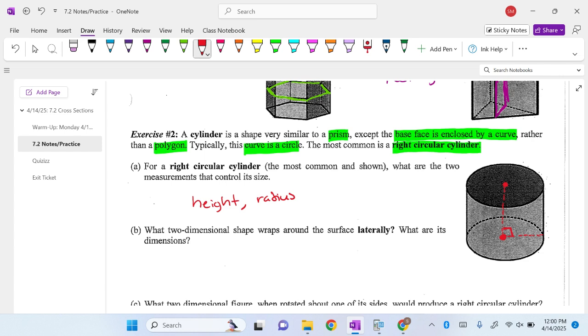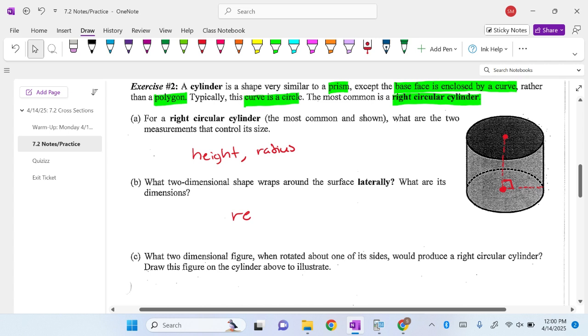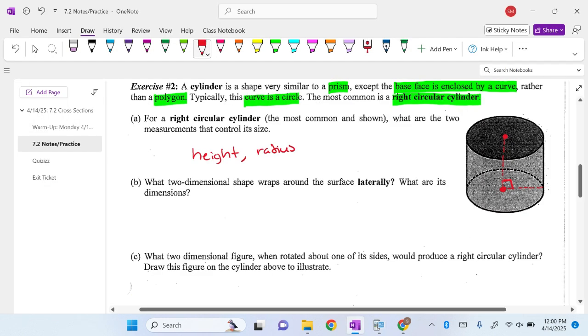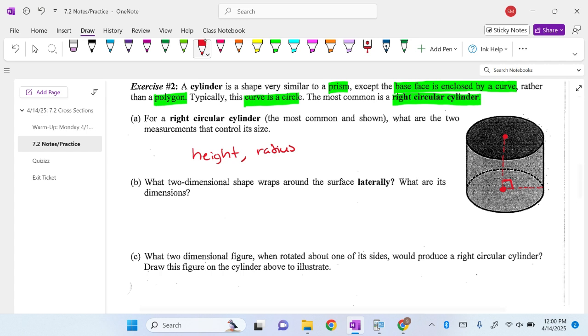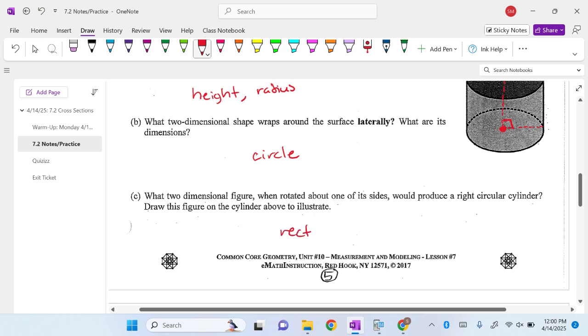So, the two-dimensional shape that wraps around the surface laterally is a... Oh, no, this one is a circle. This one is rectangle. Sorry.